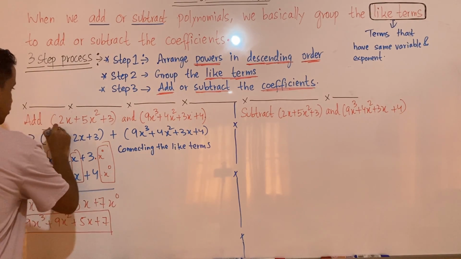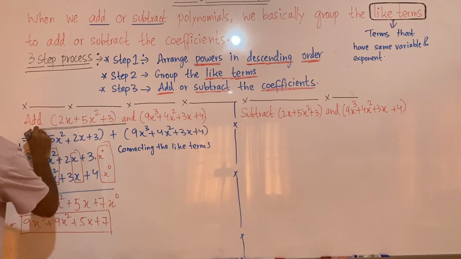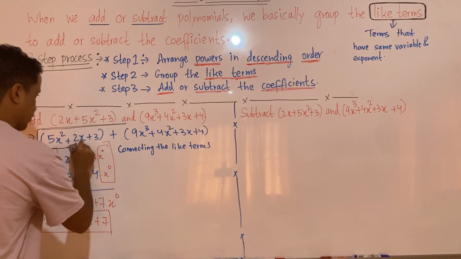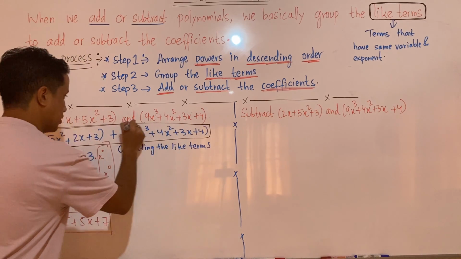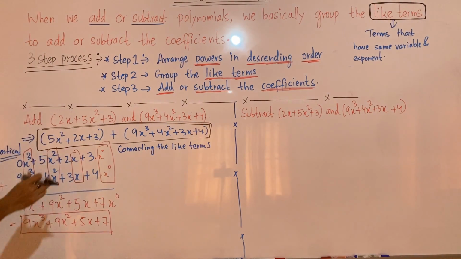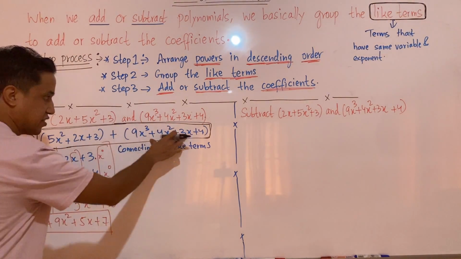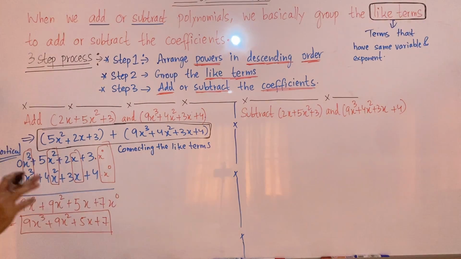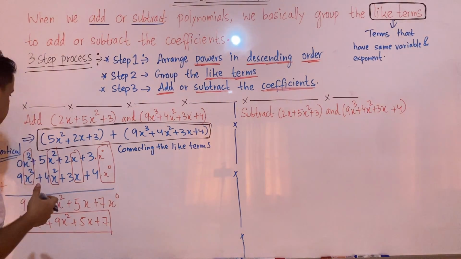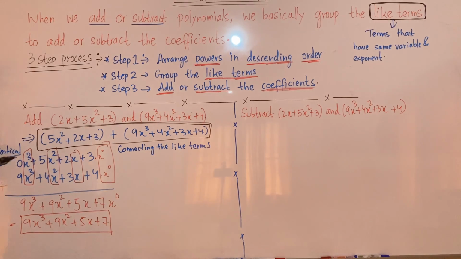That means that we have to connect the like terms. So this is one expression, this is the other expression. Now in this method we are going to connect the like terms.